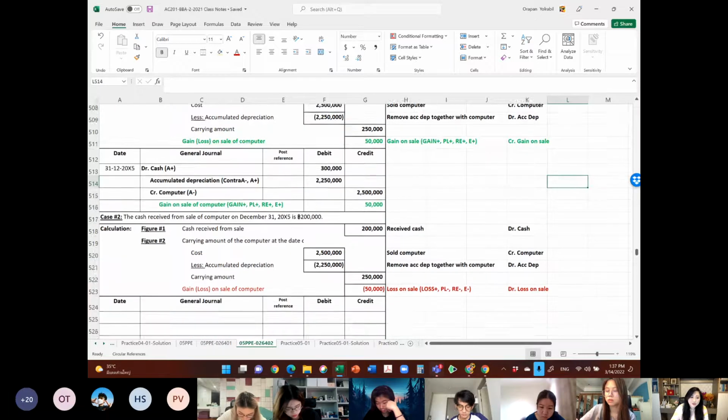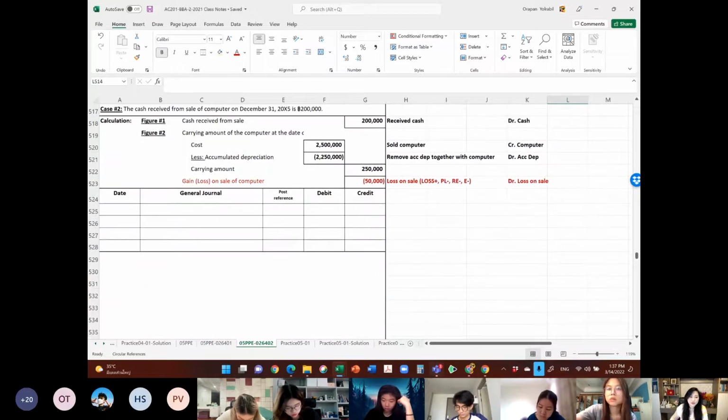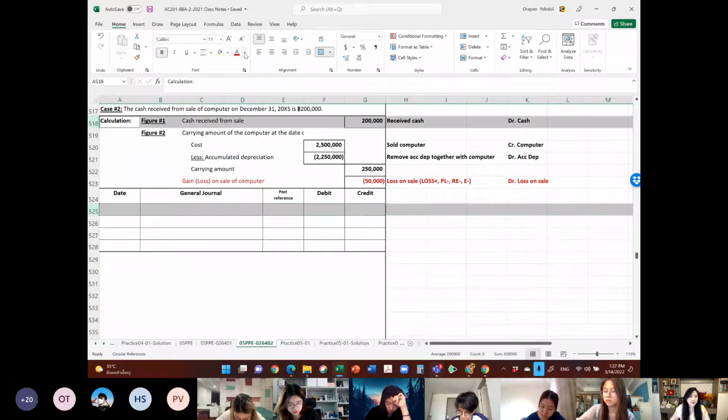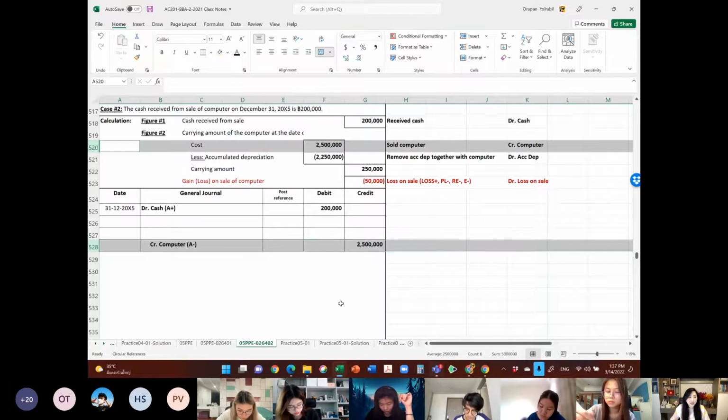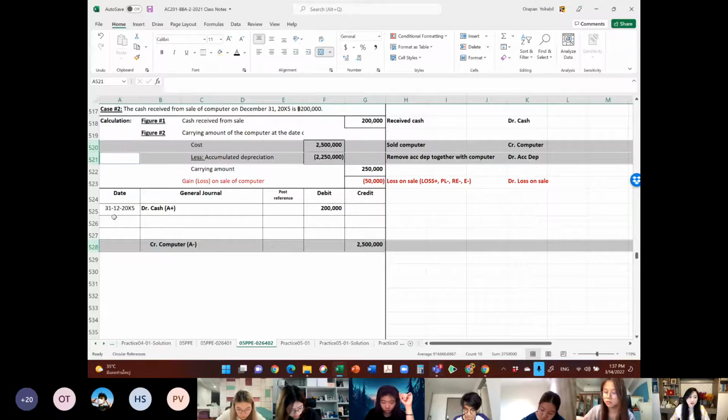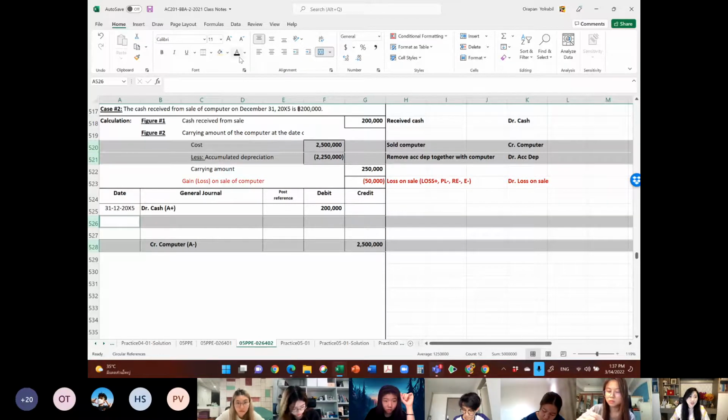All right, suppose that you finish up with the notes above, so let me show you this one. Again, cash is received, so that's debit to cash. And you take out the computer because you sell it off already. Not only do you have to remove the computer, but also the associated accumulated depreciation.